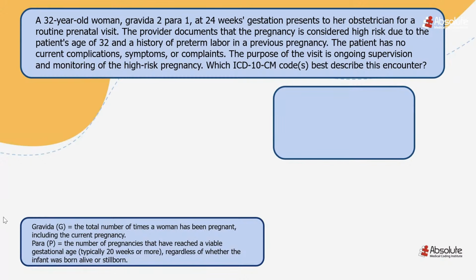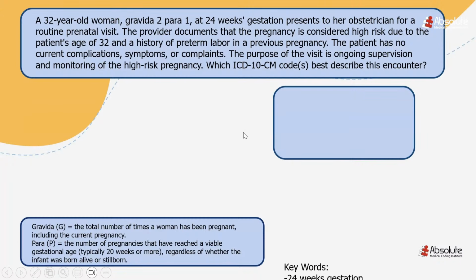And then the wording para is the number of pregnancies that have reached a viable gestational age, so typically 20 weeks or more, regardless if the infant was born alive or stillborn. I know that you'll see that wording a lot when you're dealing with pregnancy, so that's why I wanted to include it in this scenario, just so we're familiar with it.